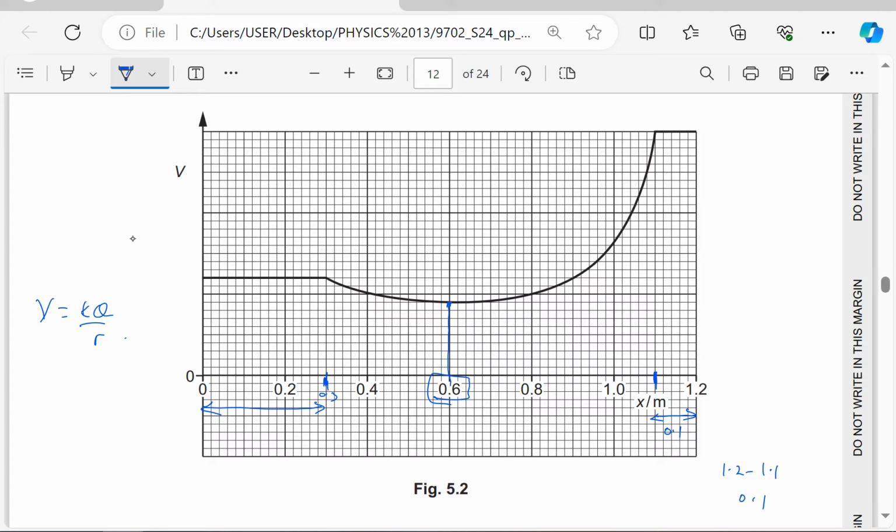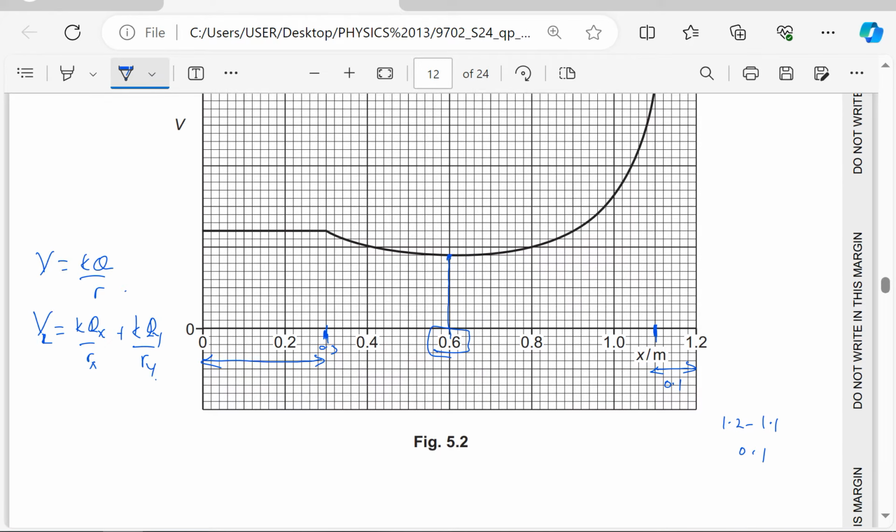And of course, the effective potential V resultant would be kq for X over r for X plus kq for Y over r for Y. Because the potential is minimum at the center, r is the same for both.